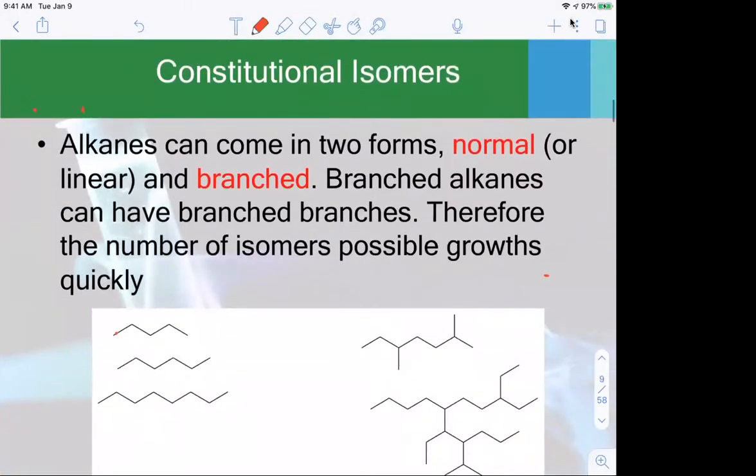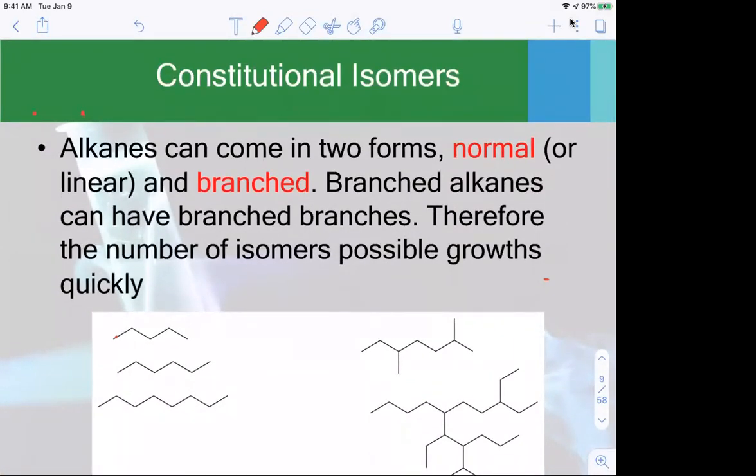Now, there's something about alkanes called constitutional isomerism. In that chart, those were all normal or linear, where each carbon is just connected to another carbon sort of staggered. So linear would be 1, 2, 3, 4, 5, 6, 7, 8, 9, and I just keep on going that way.